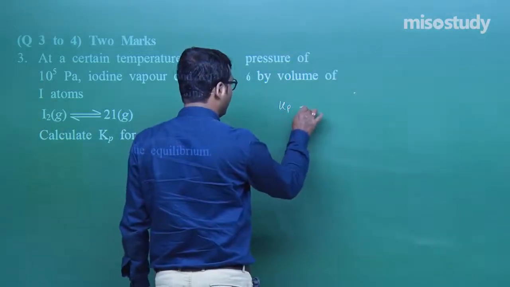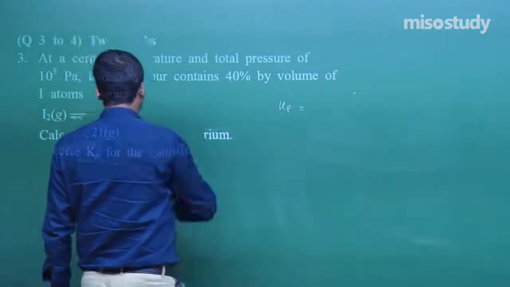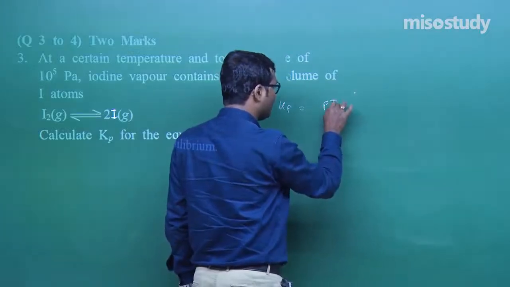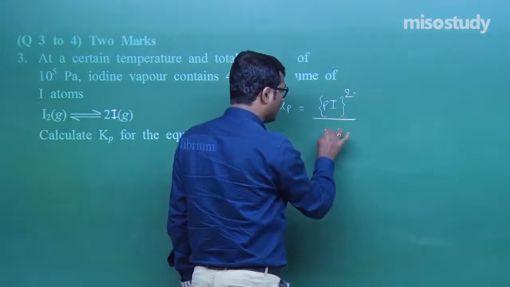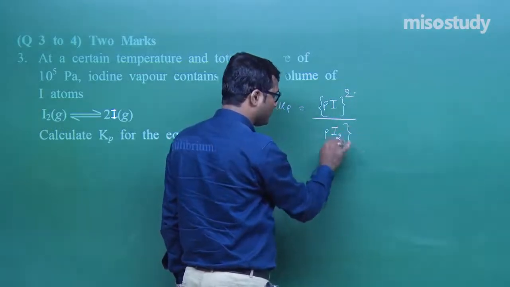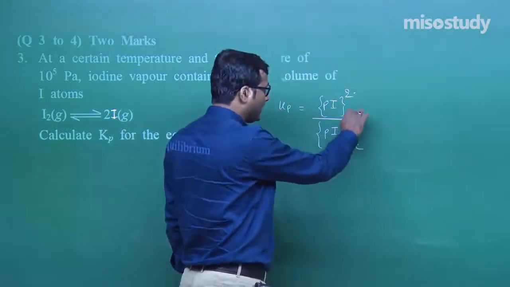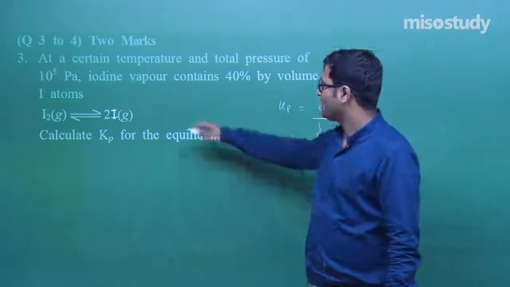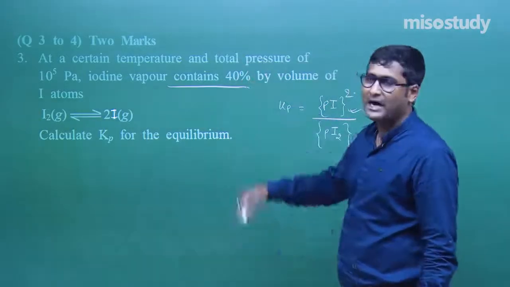We have to find Kp, which is equal to the partial pressure of atomic iodine squared upon the partial pressure of I2. Here it is given that iodine vapor contains 40% by volume of I atom.